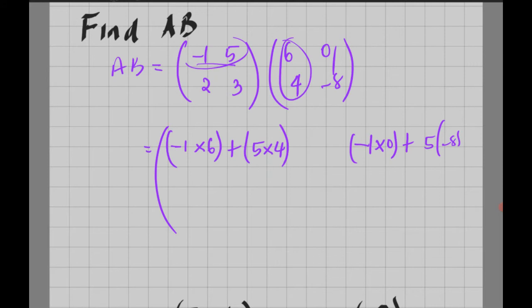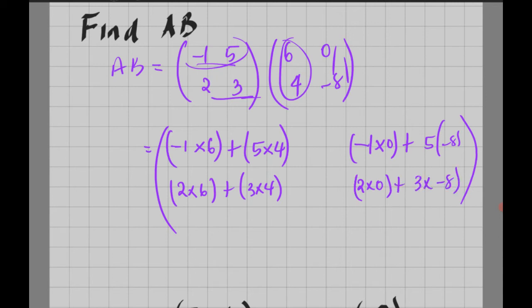Then we move on to the other one. It says 2, this row and that column is 2 by 6 plus 3 by 4. Then move on again to the last one. It's 2 by 0 plus 3 by minus 8.